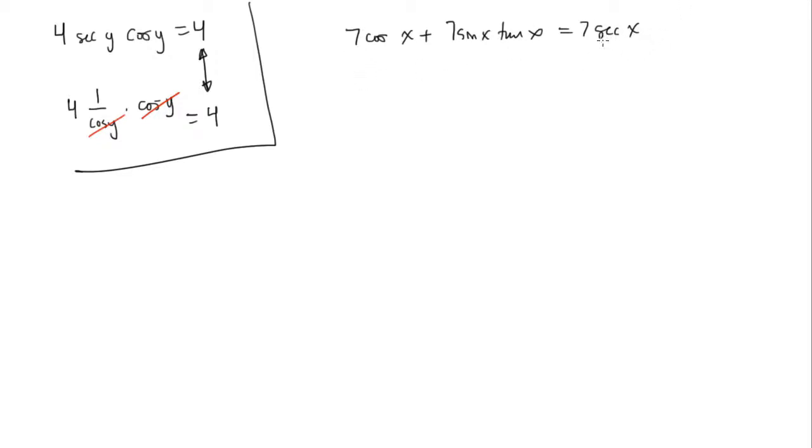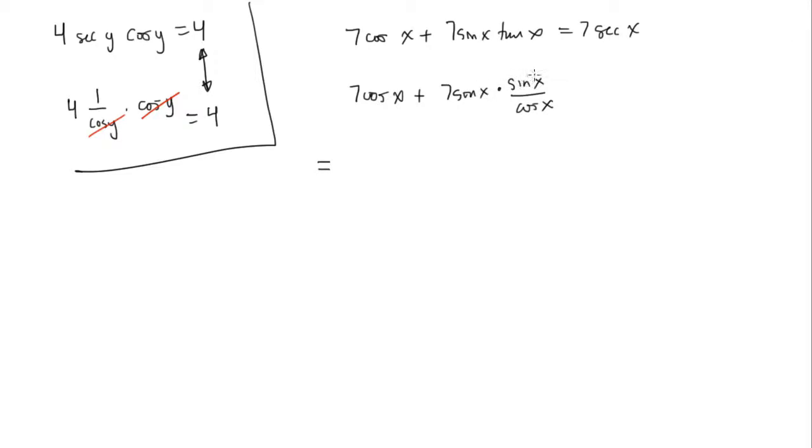So again, I would prefer to start with the more complicated expression here. There are a lot of different things we could do with this. For example, what is tangent here? It's sine over cosine. So why don't we try working with it from that point of view? So 7 cos x plus 7 sine x times sine x over cos x.